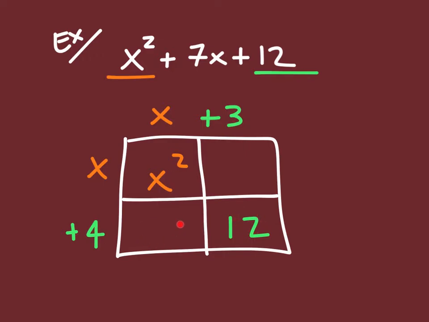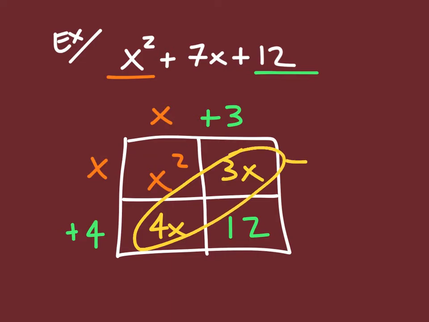And then we can fill in these other two boxes. If I take 4 and multiply it by x, I'm going to get 4x in this box. If I multiply 3 by x, I'm going to get 3x in this box. If I add these two terms together, we get 7x, which is our middle term, and that's what we're looking for.